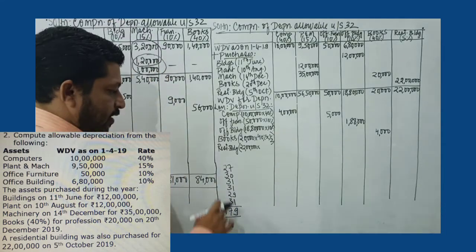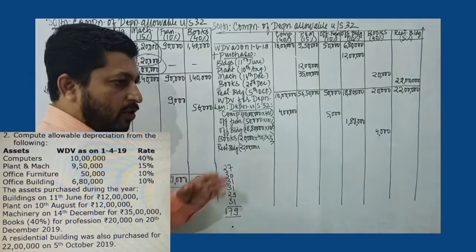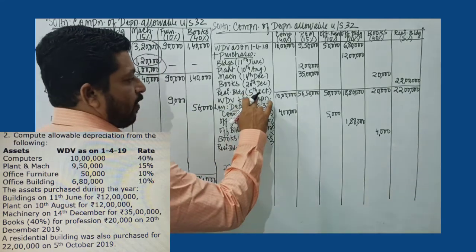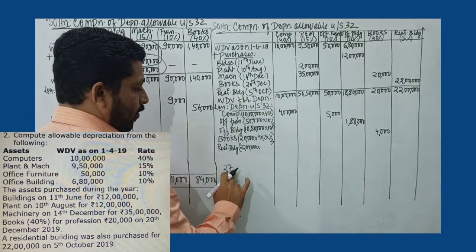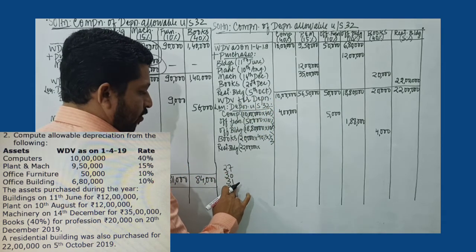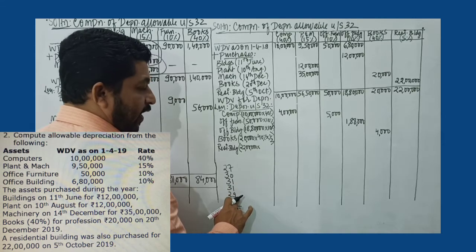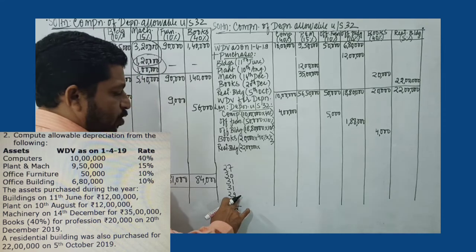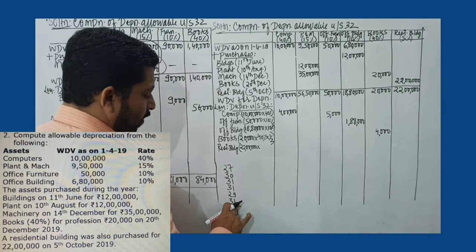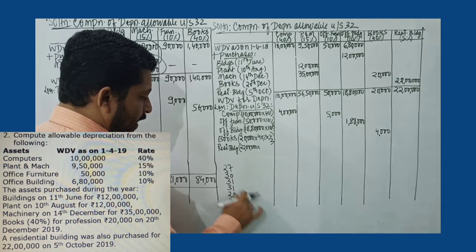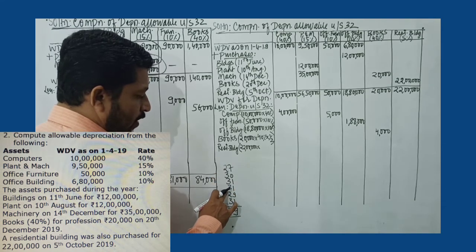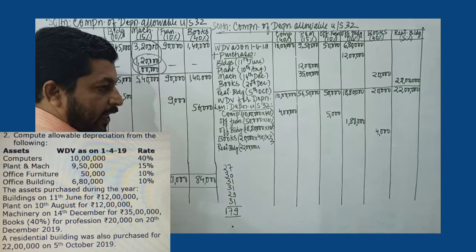So let's understand that. So 1st, 2nd, 3rd, 4th, leave out 4 days of October. So we get only 27 days of October, 30 days of November, 31 days of December, 31 of January. Since 2020 is a leap year, so it is 29 days of February and 31 days of March. So it is only 179 days.